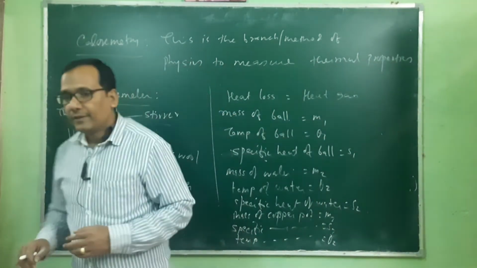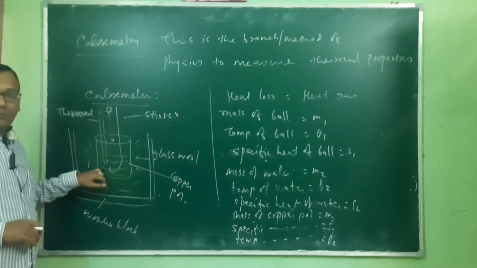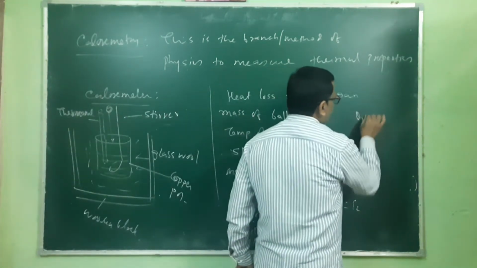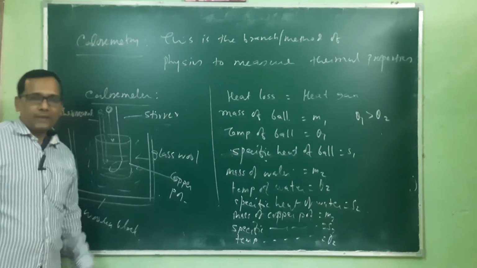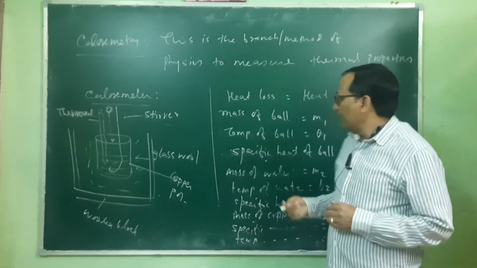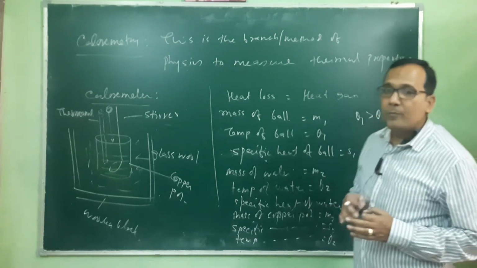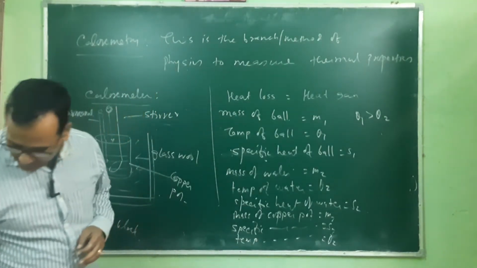When this ball, with temperature theta1 greater than theta2, is dipped in the water, after some time, when heat is transferred from the ball to the water, an equilibrium temperature is attained.